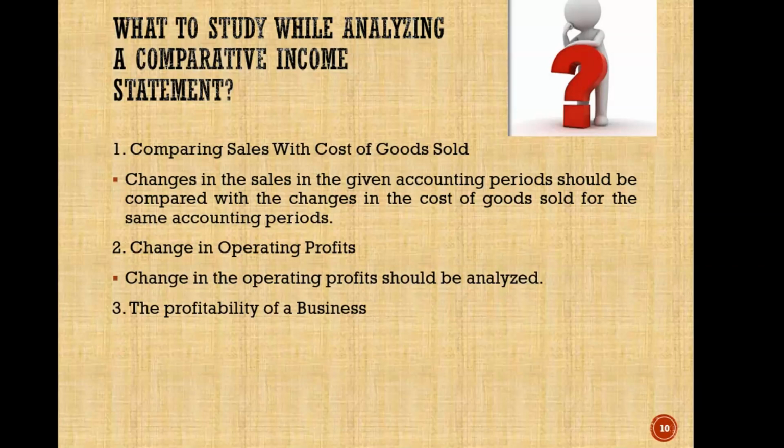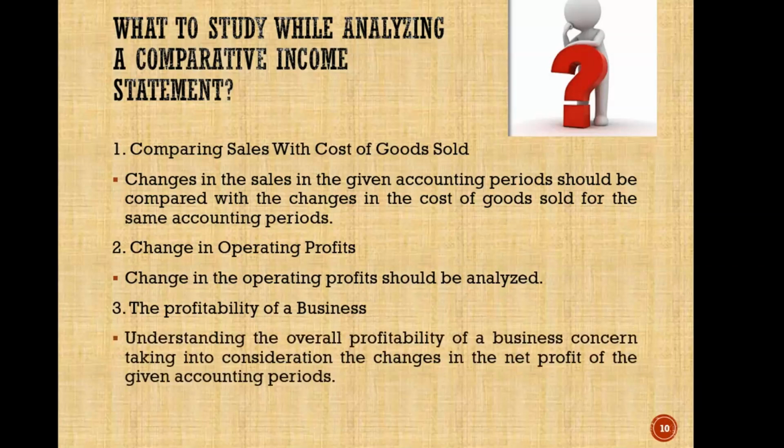Next is the profitability of a business. Understanding the overall profitability of a business concern, taking into consideration the changes in the net profit of the given accounting period. That means here we can compare the earlier or previous year's profit with the current year profit. And then one can say that there is an increase or a decrease in the profitability of the business.